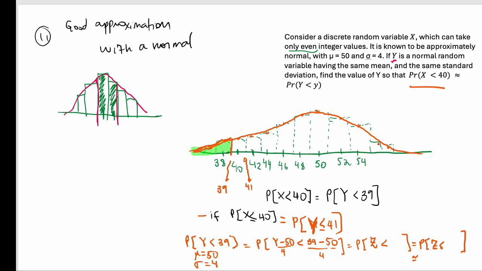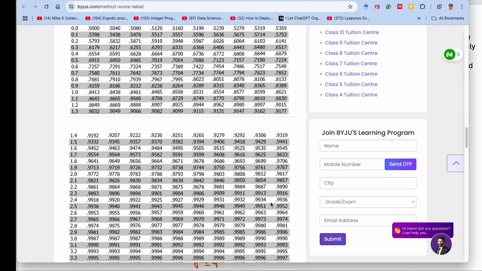Then 39 to 50 is 11. 11 by 4 is 2.75. And then you can look up the table. So 2.75.